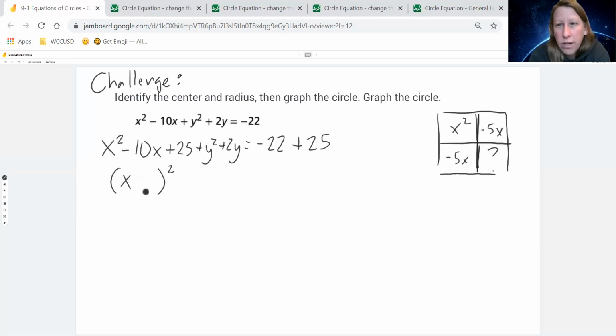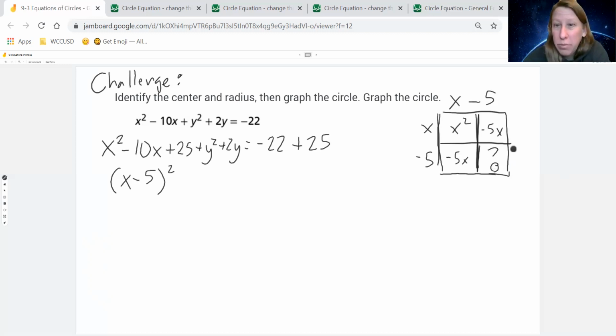And I want to know what number completes this beautiful perfect square. I need x something and x something. If this is a square, these two sides are going to match. I knew that if I put a 25 right there in the corner, I would get x minus 5 squared, which is really smart.